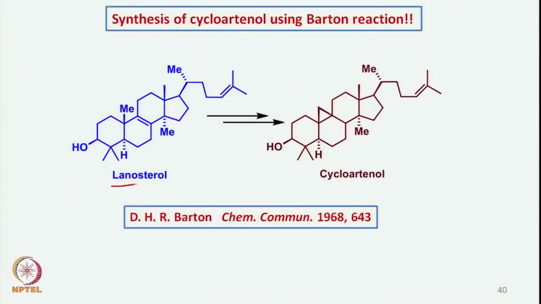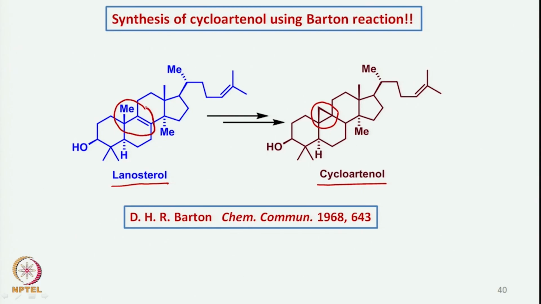Now there is another very celebrated example of converting one of the steroid molecules called lanosterol to the corresponding molecule which is called cycloartenol. If you look at the two molecules, you can see the difference. The only difference is that there is a cyclopropane ring here, whereas that is not the case here.